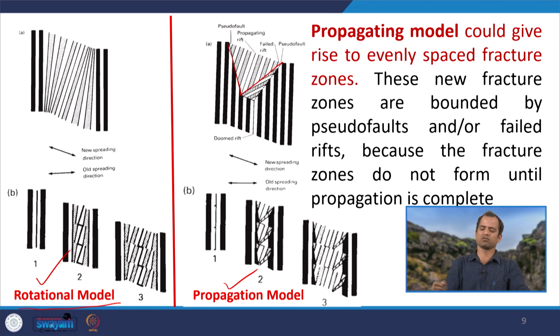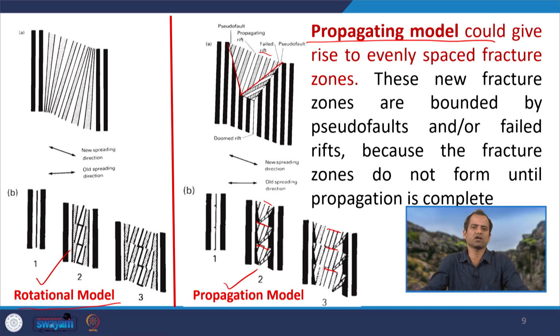Now, talking about this propagating model, it could give rise to evenly spaced fracture zones. So, now we have different fracture zones, and these fracture zones are generally evenly spaced. So, it could explain how the evenly spaced fracture zones are developed.